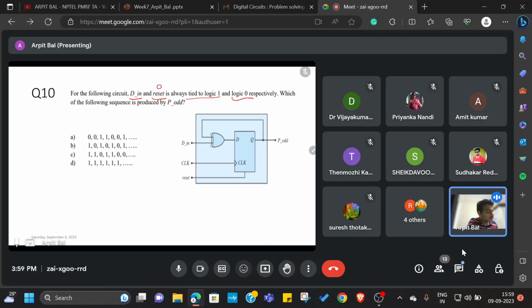So reset is always 0, and this is an active high reset. It means if it is 0, the reset is not active. And D in is always 1. Which of the following sequences is produced by P odd? So we have to figure out what the output is at P odd.